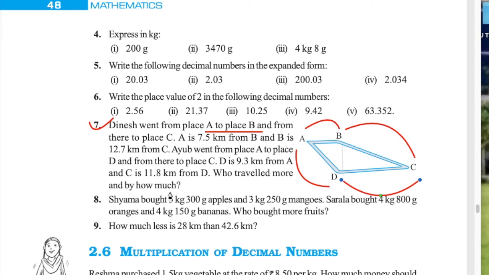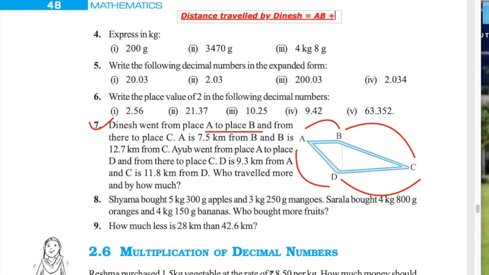To solve this question, first you will solve for Dinesh. What is the distance traveled by Dinesh?